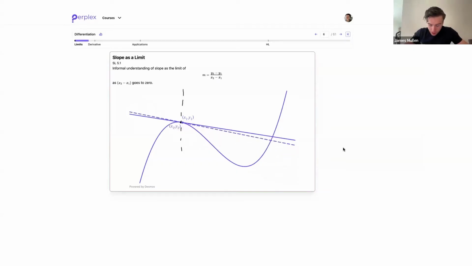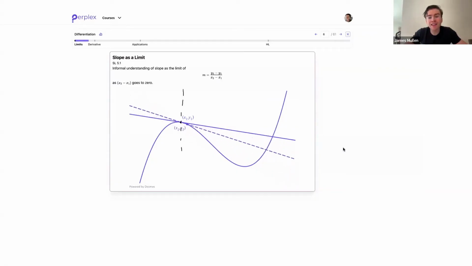Now, what I want you to realize is that it's very difficult to draw a perfect tangent by hand. I can't take my ruler and really set it perfectly. That's a difficult process. What I can do, though, mathematically, is I can draw a line that goes through the point that I'm interested in and some other point somewhere else on the curve. And that's what you're seeing here in this dotted line. And then you'll notice that this straight line, this dotted line, has a slope that's not so far off from the slope that I've drawn in the solid line.